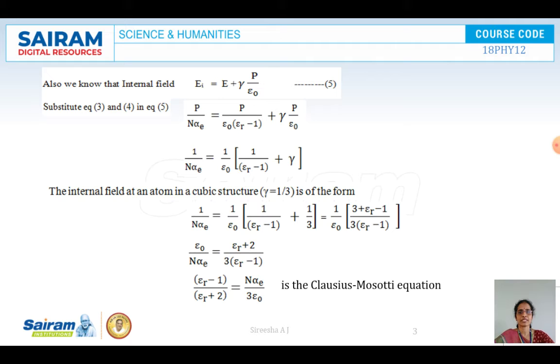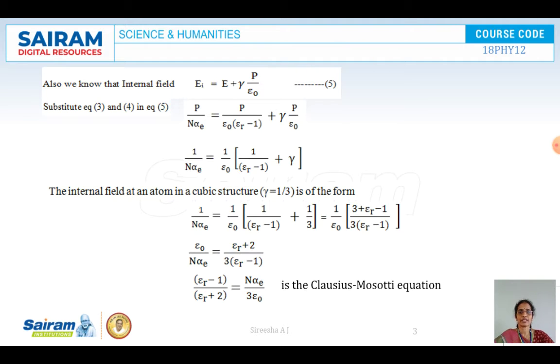Here, since LHS and RHS both have P, that P can be cancelled, and you will get the equation as 1 by n alpha E is equal to 1 by epsilon naught into 1 by epsilon r minus 1 plus gamma.